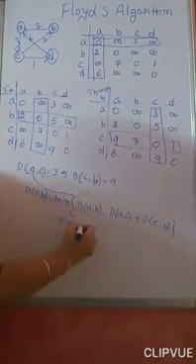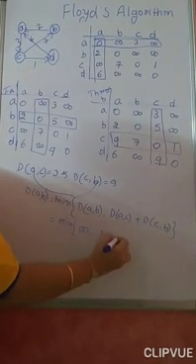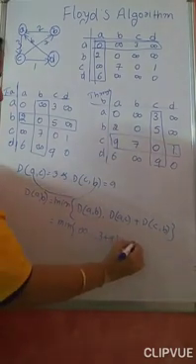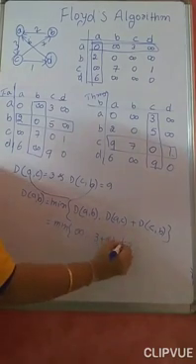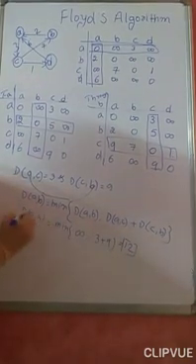It was infinity, and A to C, that is 3, plus 9, is 12. So A to B is now updated to 12. The distance of A to B is changed.